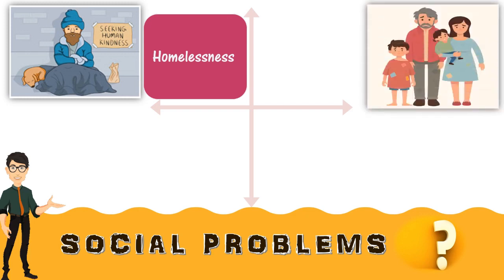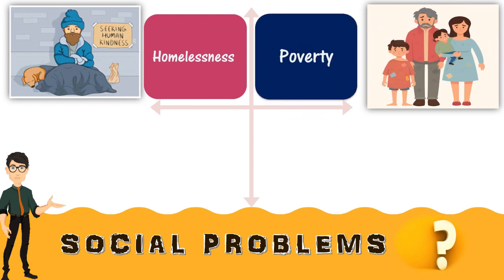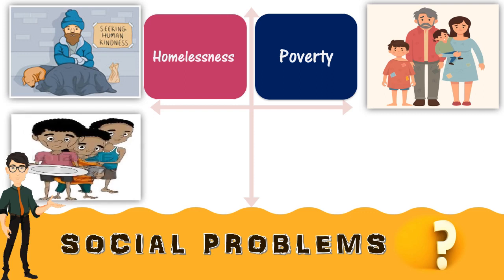Another problem is when a family or a person does not have enough money to buy necessary things like clothes, food, etc. This is referred to as poverty. One more problem is famine, a situation when people do not have enough food to eat.